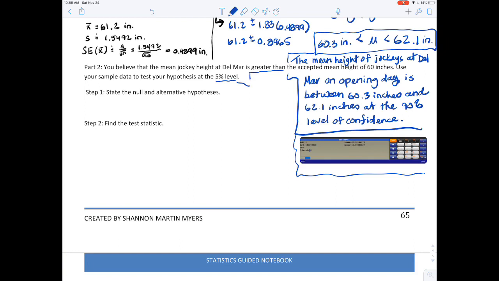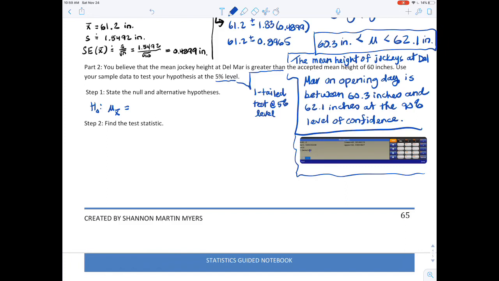So that means that we have a one-tailed test at the 5% level. Oh, cool. That means that we can use that t value that we had for the other one. So here we go. The null would be H0, that mu equals what?